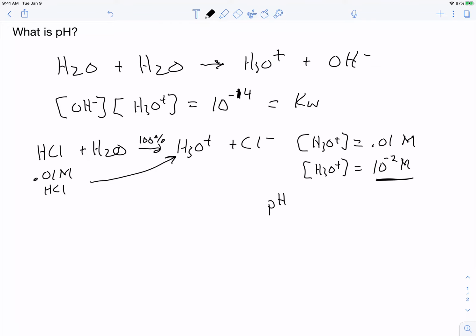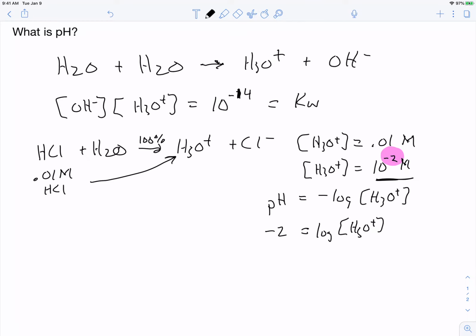So pH equals the negative log, which I will review in a second, of the hydronium concentration. What's negative log? The log of hydronium concentration, in this case, is the power of 10 right here. So the log equals minus 2.